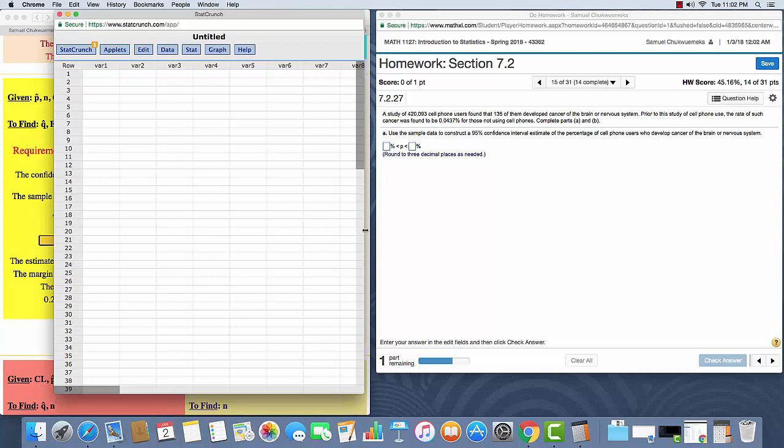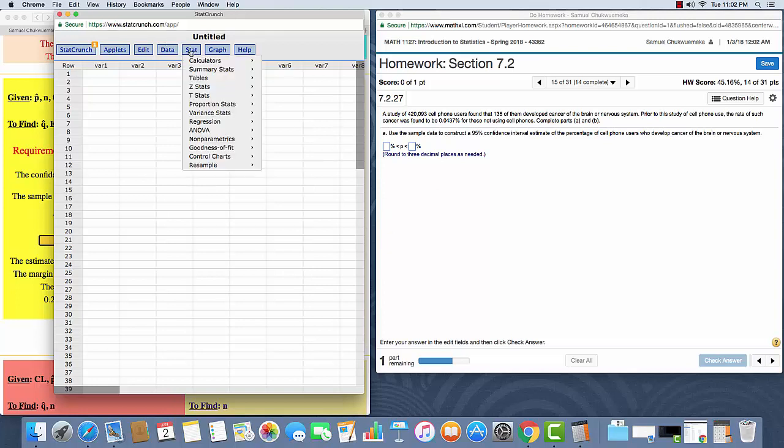Prior to this study of cell phone use, the rate of such cancer was found to be 0.0437% for those not using cell phones. A. Use the sample data to construct a 95% confidence interval estimate of the percentage of cell phone users who develop cancer of the brain or nervous system.